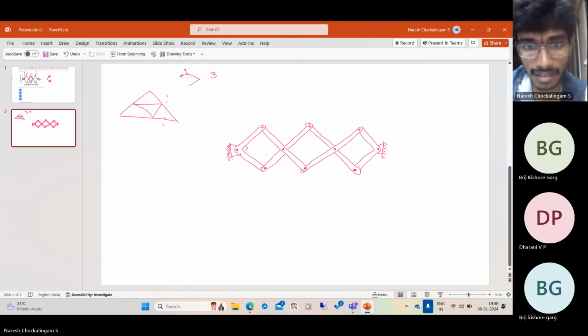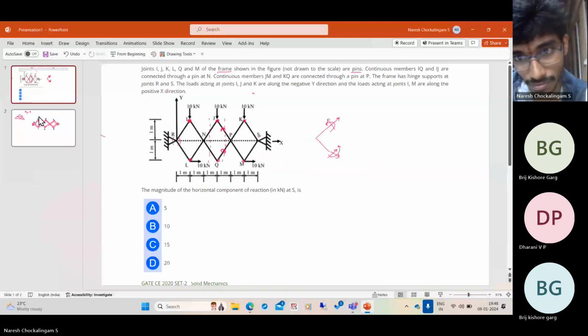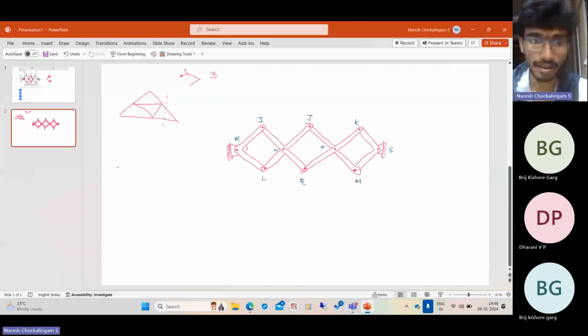So given, let me put this is R, I, J, K, S, M, L, Q, L, Q, and M, and then N and P. So determine if it is statically determinate or indeterminate.